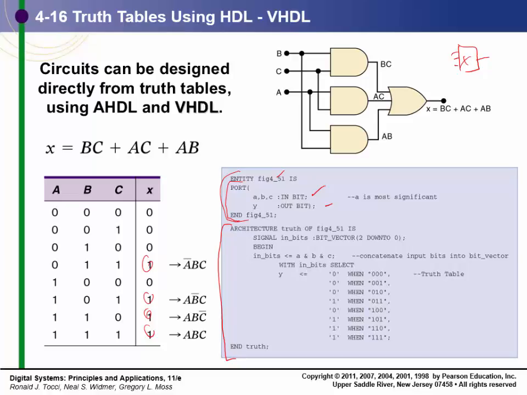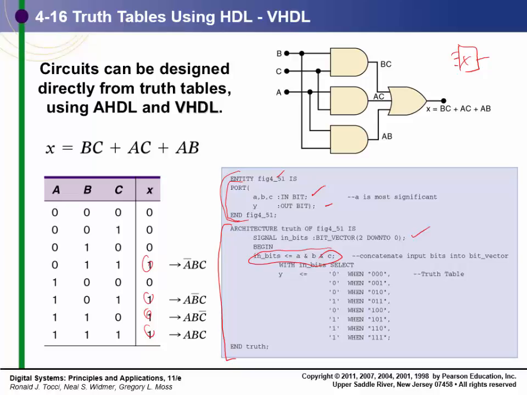We're going to call this the architecture, and this is the truth table for this particular circuit. We're going to form an internal signal that's a 3-bit vector, a 3-bit binary number, and we're going to say that that 3-bit number is the same as our inputs A, B, and C. So we tie that internal signal to the inputs, concatenating the input bits into the bit vector.